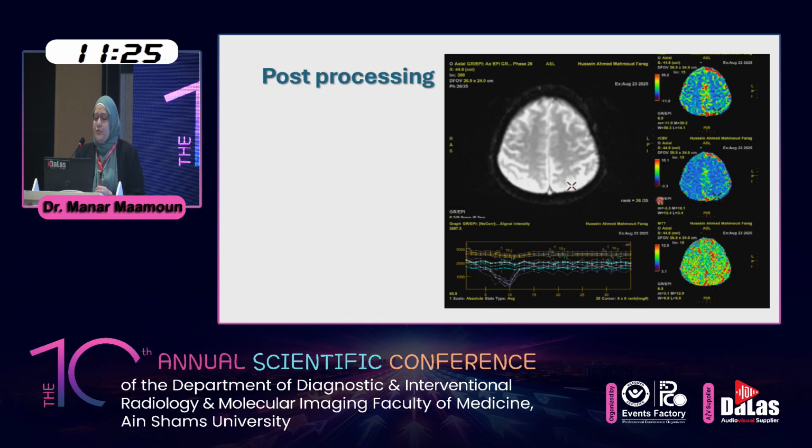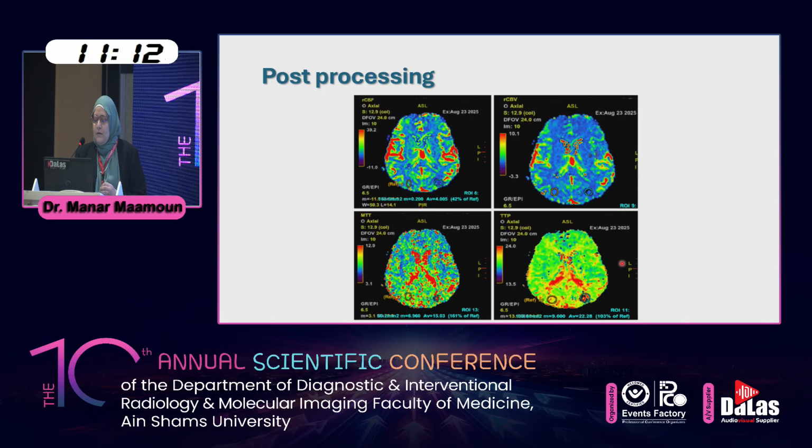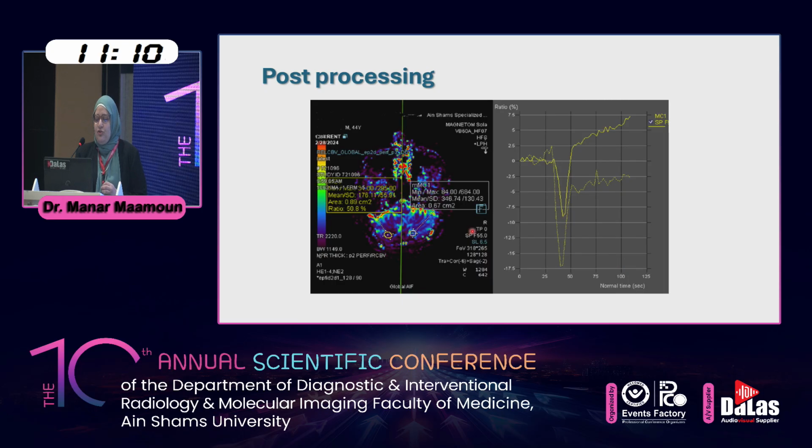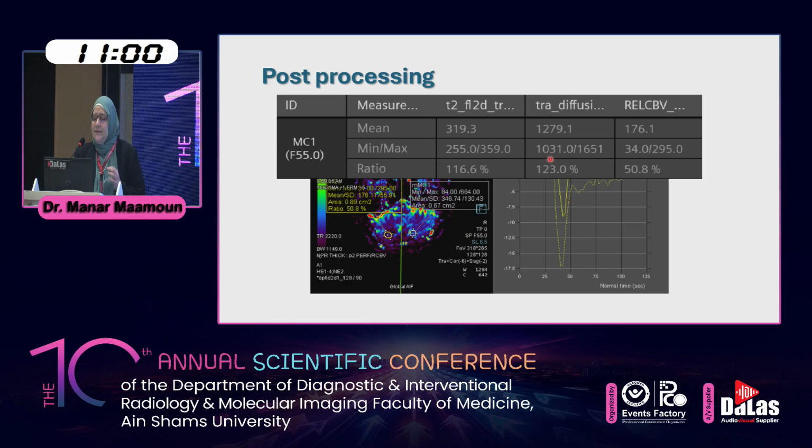Then further processing shows us the different color-coded maps: cerebral blood flow, perfusion, volume, and the time intensity curves. We can apply a region of interest to get the time intensity curves, which represent a semi-quantitative assessment method. And furthermore, we can get quantitative data with numbers and percentages.